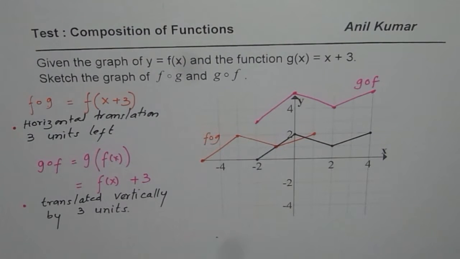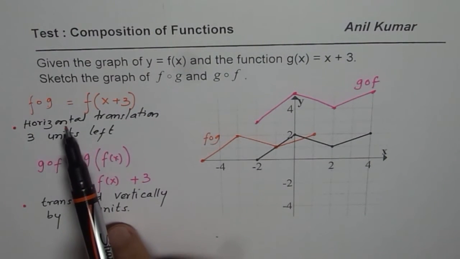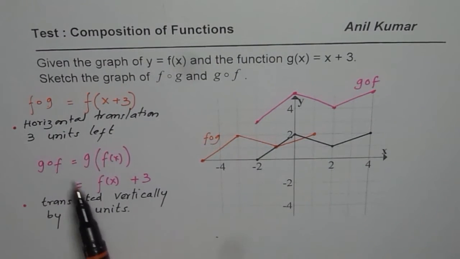We'll take one more example which will involve stretches rather than translations, but the concept is same. When you do f of g, it will be horizontal stretches and compressions, but if you do g of f, it will be vertical stretches and compression. This is very important to understand. So I'd like you to go through these 2 videos once again together so that you understand the whole concept.